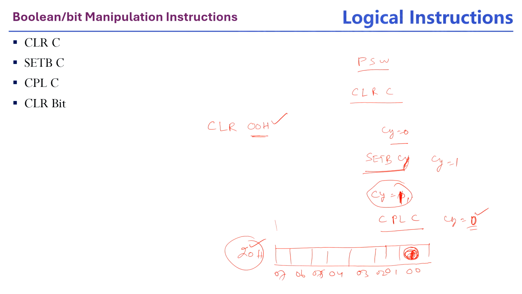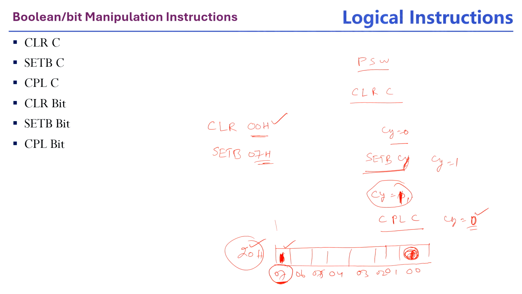Similarly, set bit: suppose the 07 bit position of the 20H location is 0, but I need to set it. Then I need to execute SETB 07H. After execution of this instruction, the MSB bit will be set to 1. That means the 07 bit position is set to 1.